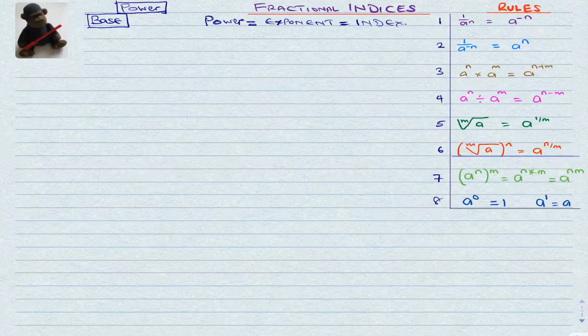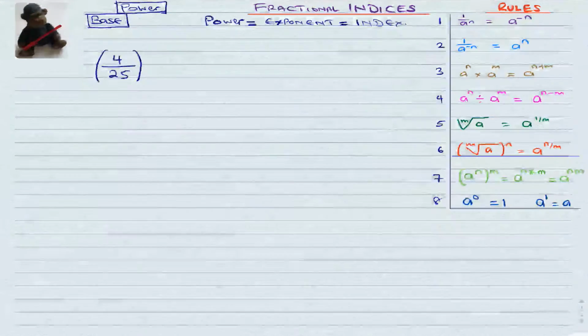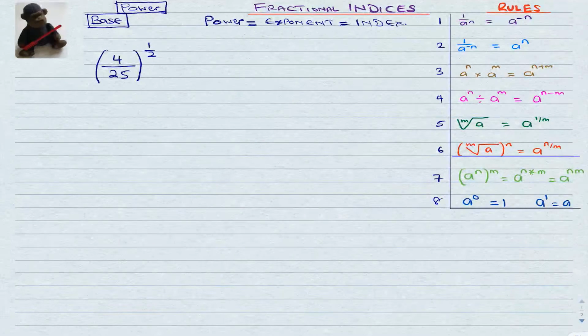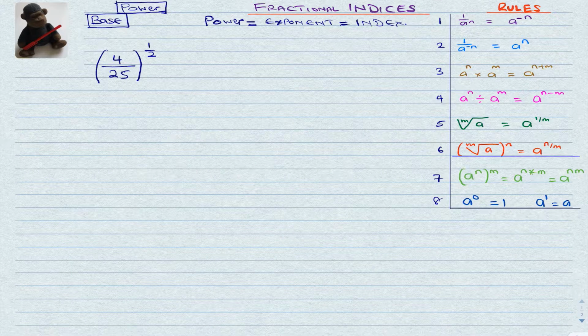Let's try another example. 4 over 25, to power a half. Again, this is fractional indices because the power is a fraction, and rule number 5 and 6 apply.